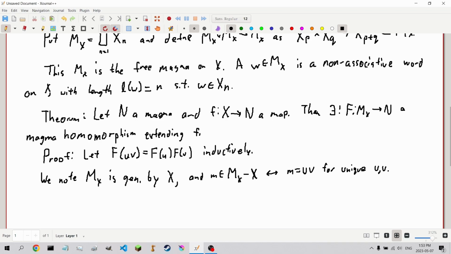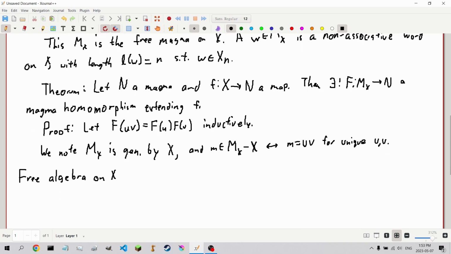So now we're going to tie this to the free algebra on X. We're going to let AX be the K-algebra, where K is our base ring, of our free magma MX.